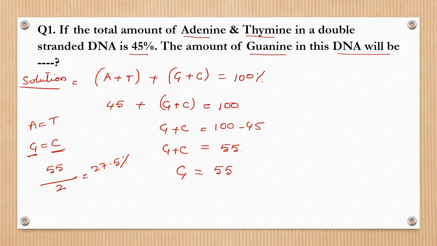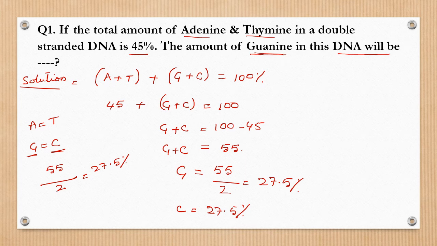Actually, as per our calculation it becomes G minus C, but we need to distribute it equally. So 55 by 2, then you will get G is 27.5 and C is equal to 27.5%.